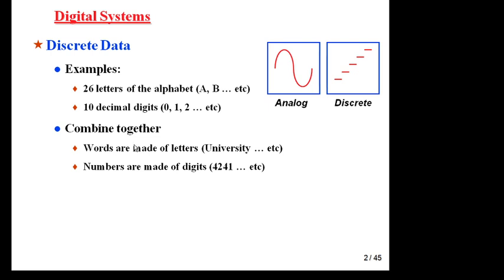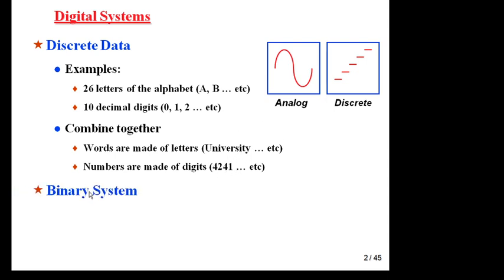If we combine letters, we make a word. For example, university, Graphic Era University. It contains one sentence, and similarly, if we collect digits, it gives a number. For example, 4241. It is one number.